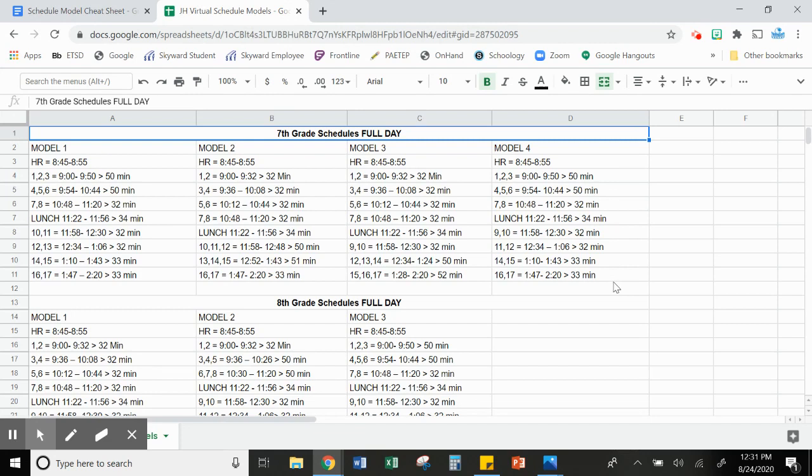Once you've figured out your model, you don't need to worry about the times for the other models. Identifying your model is the most important thing for you to be able to do, and we will assist you in that process further by including on our website here links to tutorial videos to help guide you through this process.